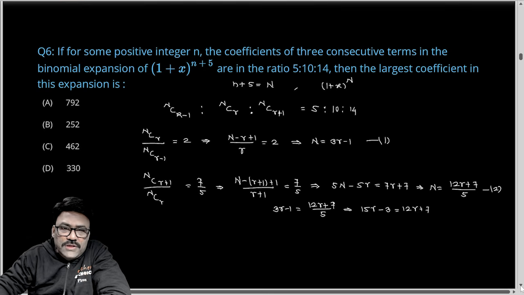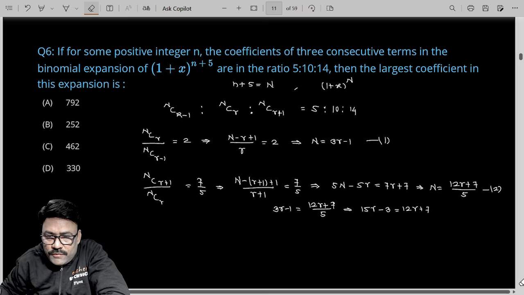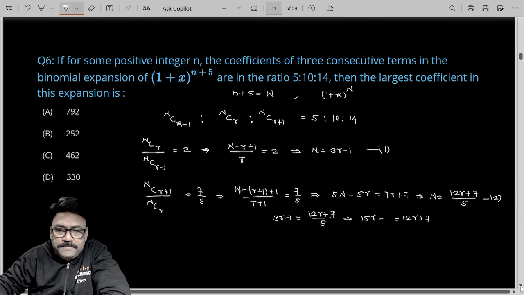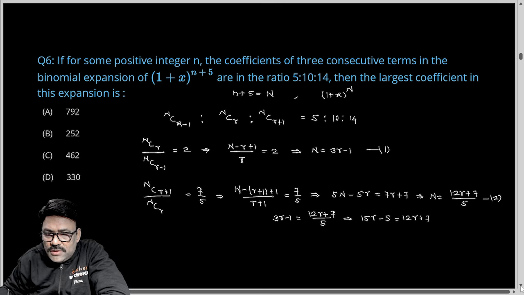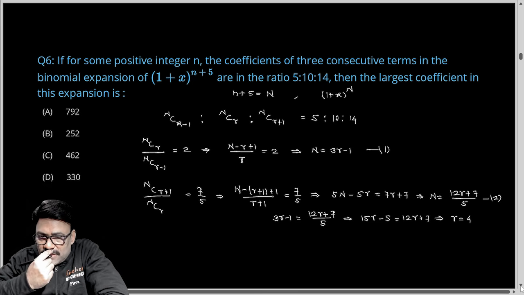Now minus 5, no, I have written minus 3. 15R minus 5 is 12R plus 7. So this will give you 3R is equal to 12, R is equal to 4.